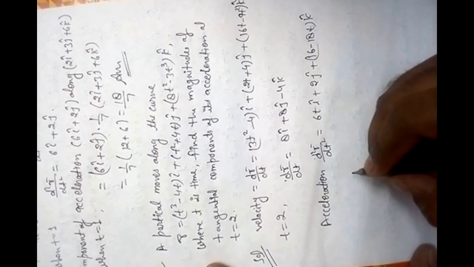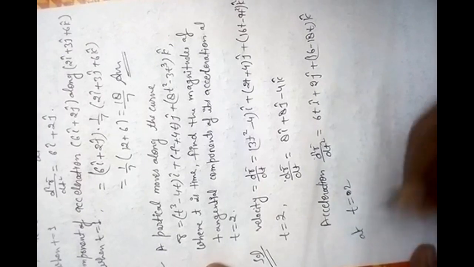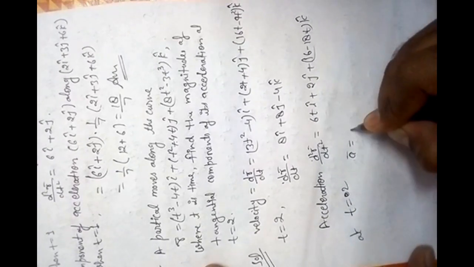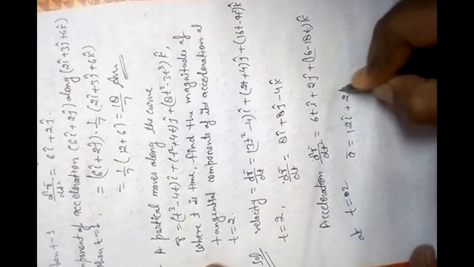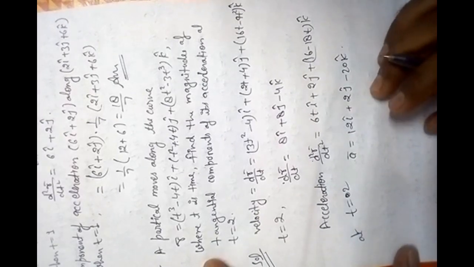So at t is equal to 2, the acceleration is equal to 12i plus 2j minus 20k.